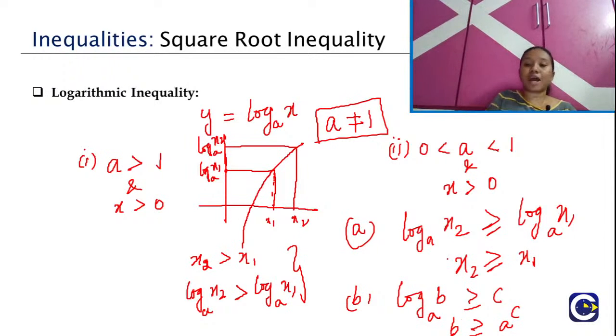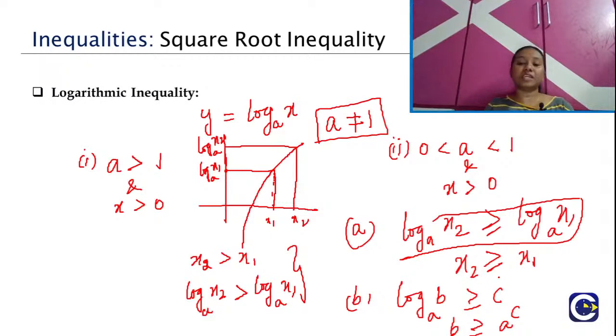Which means if you have an inequality in terms of log on both sides, then we can eliminate the log and write directly in terms of our variables, and there will not be any change in the inequality if the base value a is greater than 1. And similarly for this also we can write without change in the inequality b greater than or equal to a power c if the base is greater than 1, because you can predict that from the graph of log x to the base a when a is greater than 1.